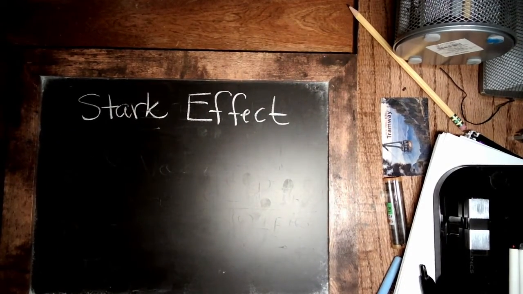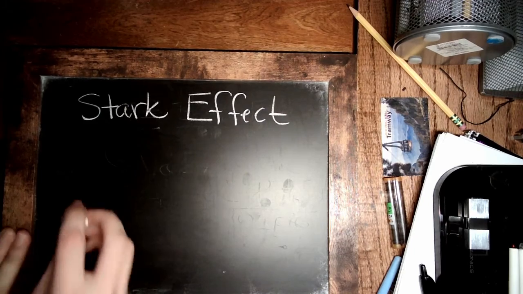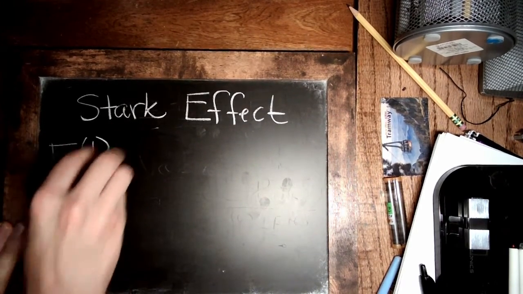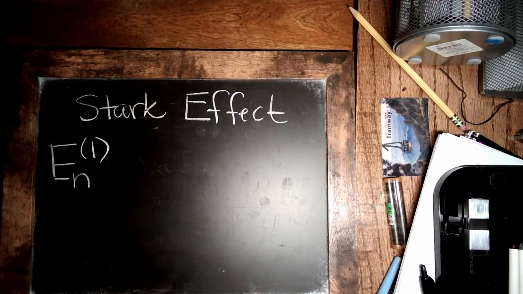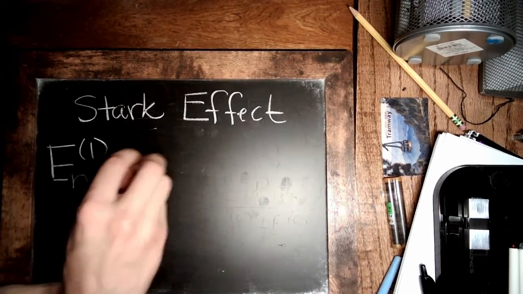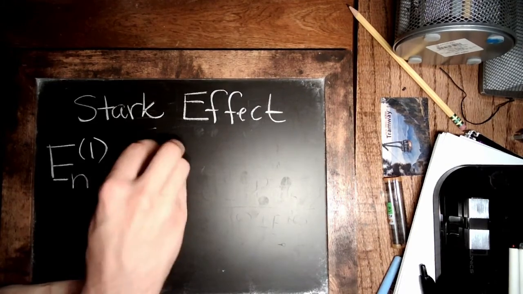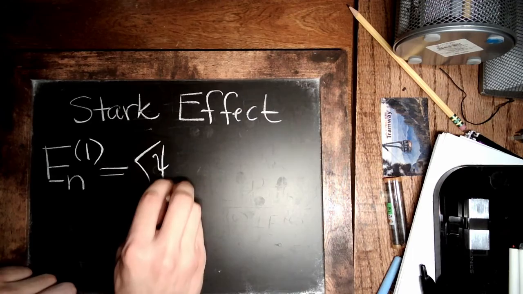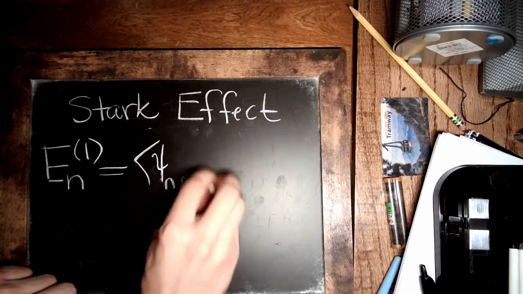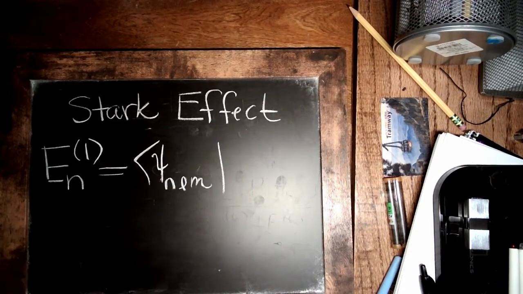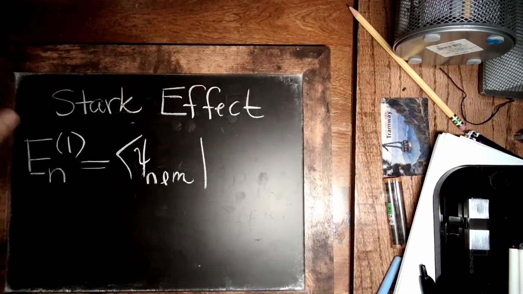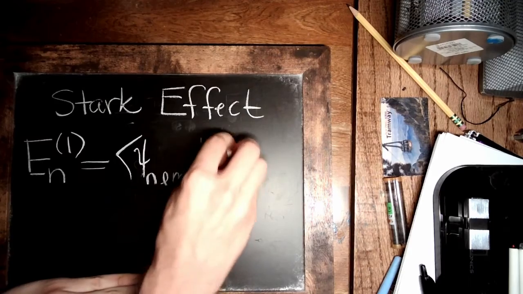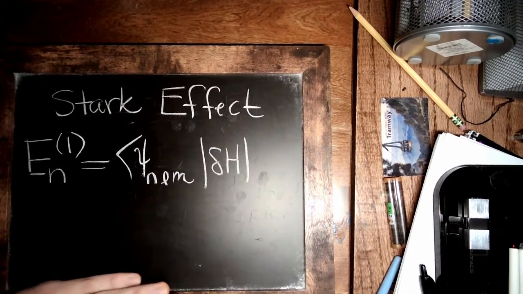Okay. I return. So the standard equation for finding the first order correction to the energy in perturbation theory is you take a state, and for the hydrogen atom, the state is defined by three numbers, n, l and m. And this here is a bra. So you take the bra and you sandwich it with the perturbation to make a little sandwich.